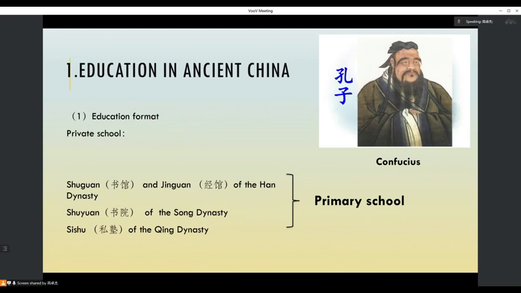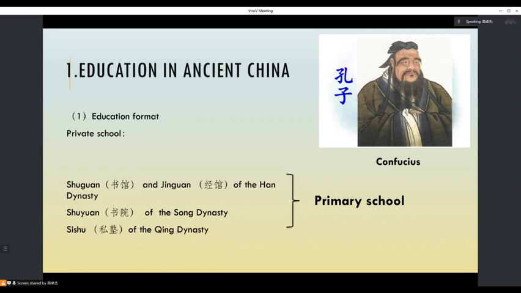And the private schools' names are varied, just like 书馆, 经馆, and other titles. 书 and 经, classics, are very famous.